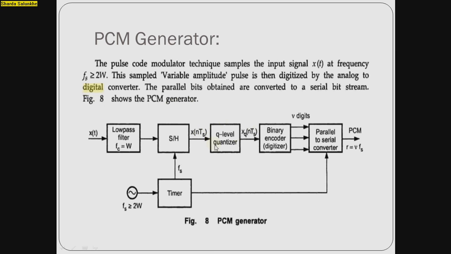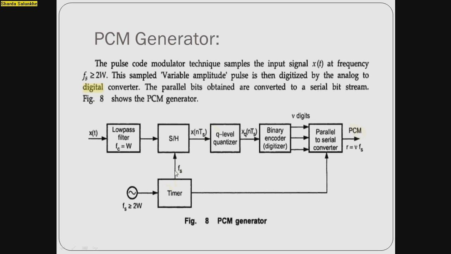Again it is fed to the quantizer, where the approximation of the sampled signal, or rounding off, is done. Then it is fed to the binary encoder or A to D converter, where parallel streams are generated. It is then fed to the parallel to serial converter.